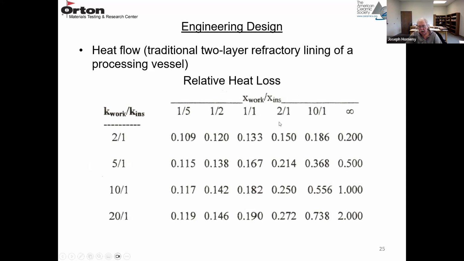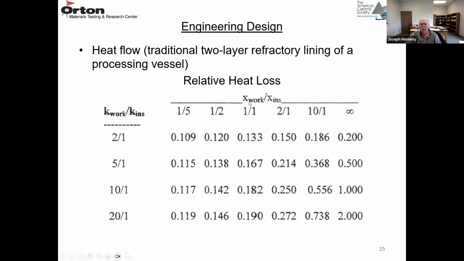So to show you how this equation works, we can make a table here for the relative heat loss. K working lining over K insulation is the ratio of the thermal conductivities of the working lining to the insulation lining. So here's a 2-to-1 ratio, a 5-to-1, a 10-to-1, and a 20-to-1.